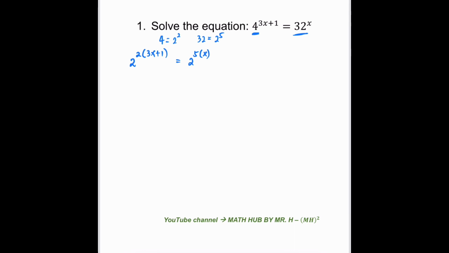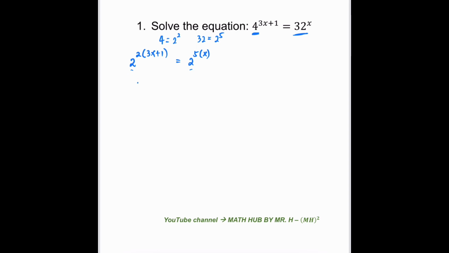X is already there as an exponent. From here, you can see that both sides are written with the same base of 2. You can also jump straight into getting everything in the exponent because both of them have the same base already. So we can just take their exponents.